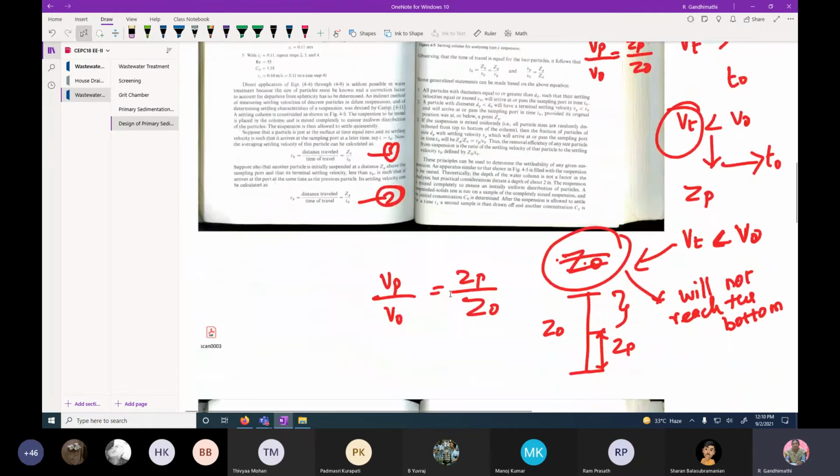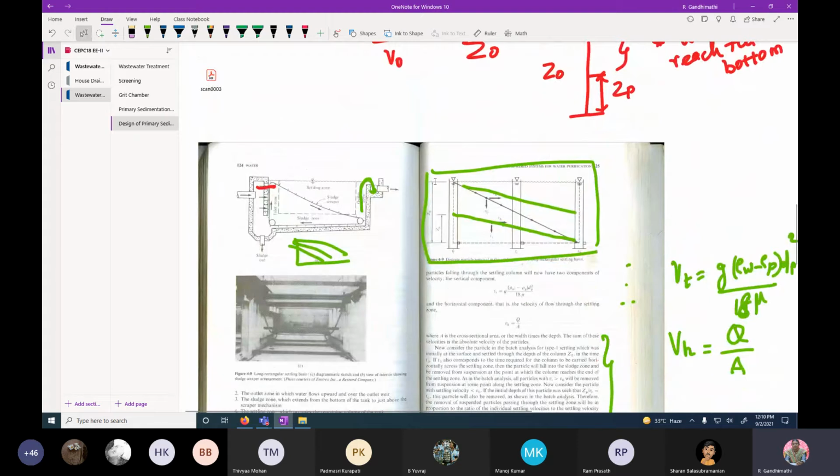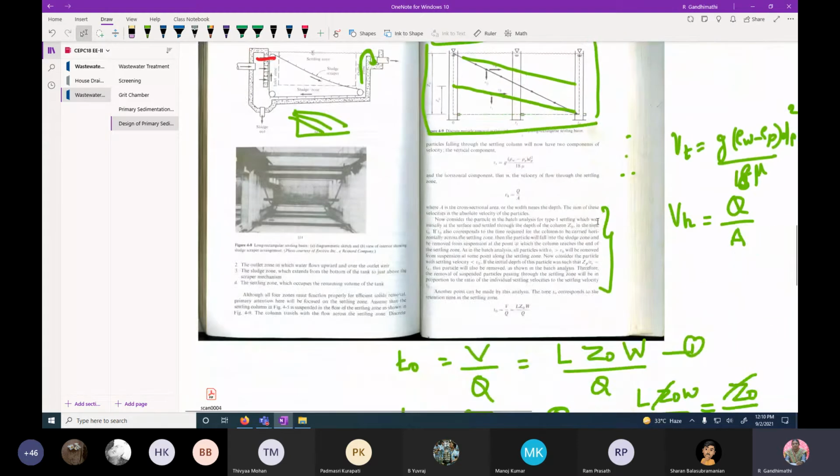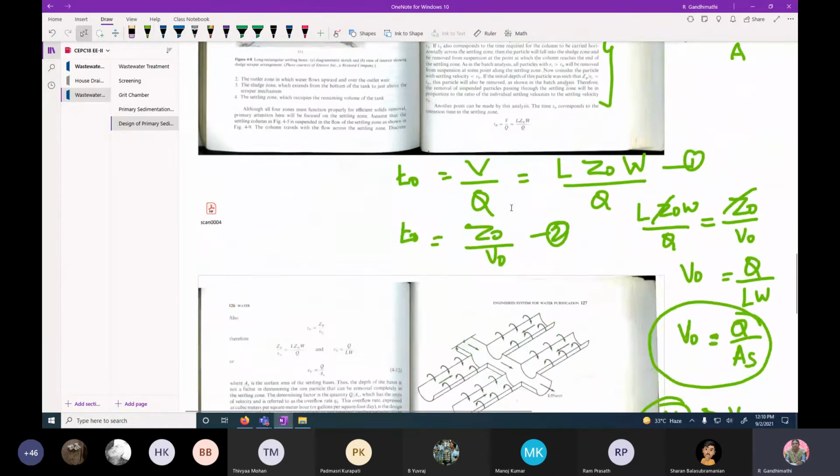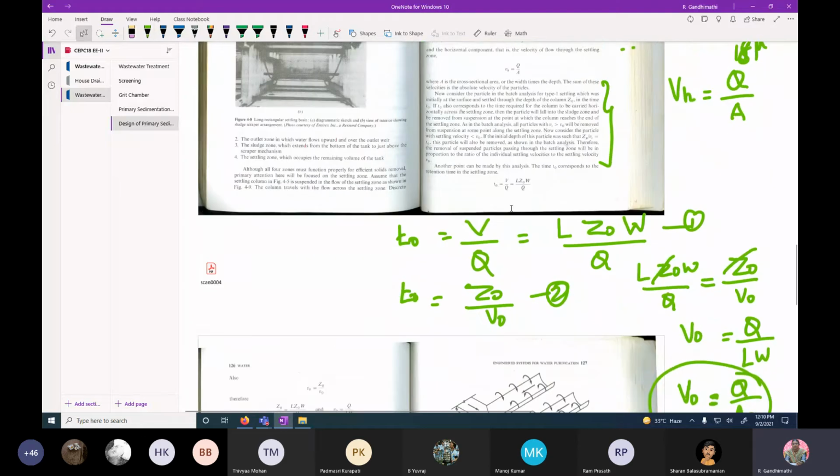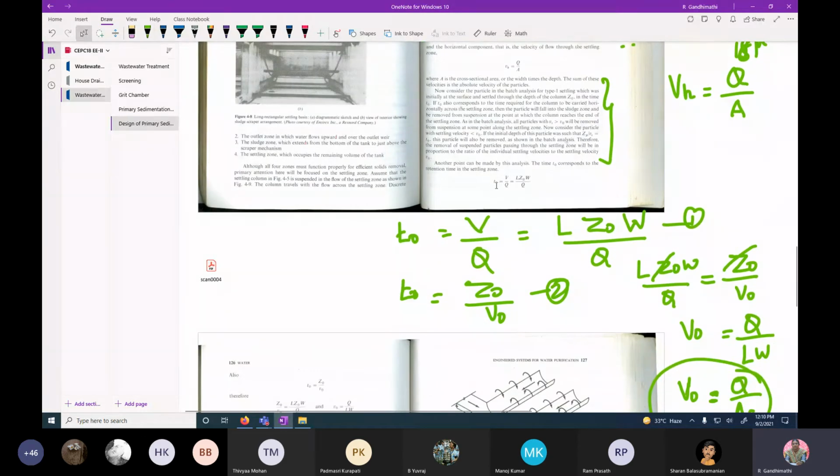The same concept is utilized in the continuous process. For the continuous process, you should know the terminal settling velocity of the particle and the horizontal flow, and based on this we can find out the detention time, because the detention time is related to the horizontal velocity.